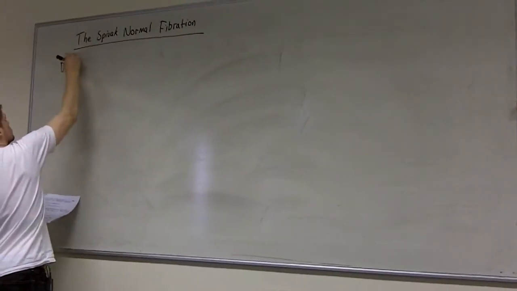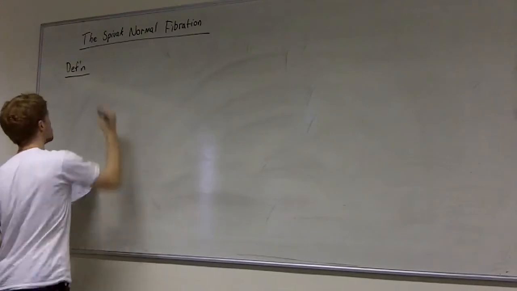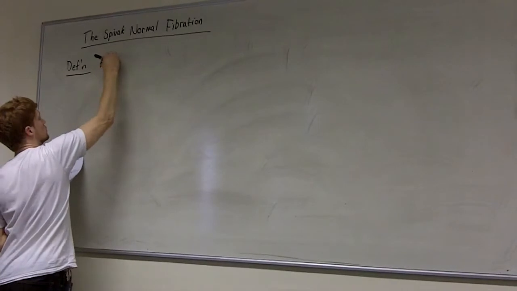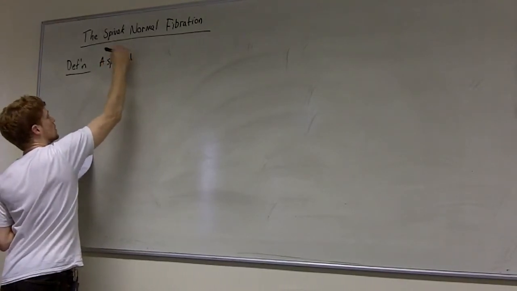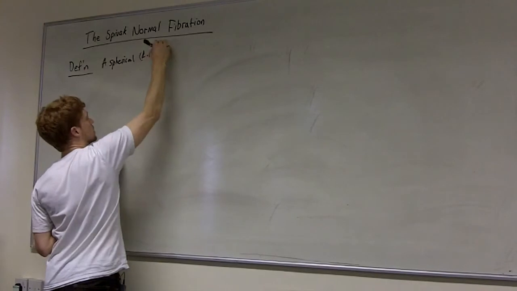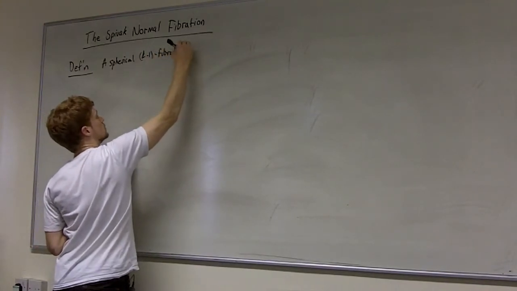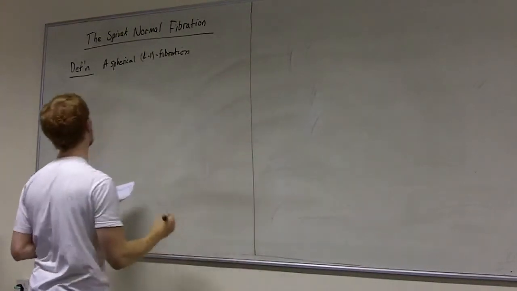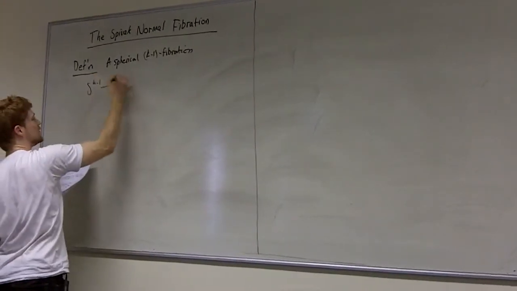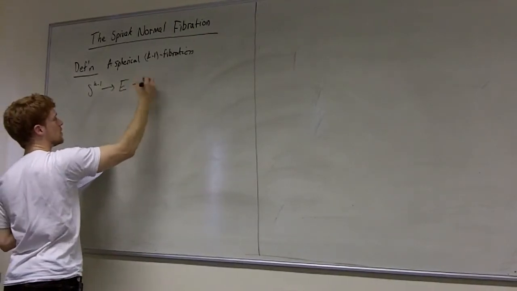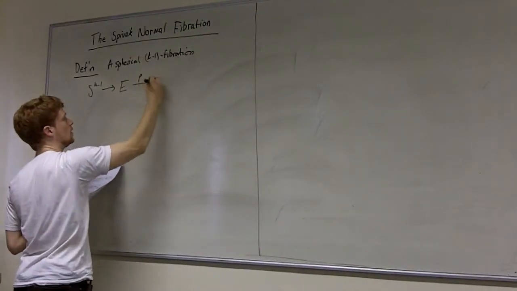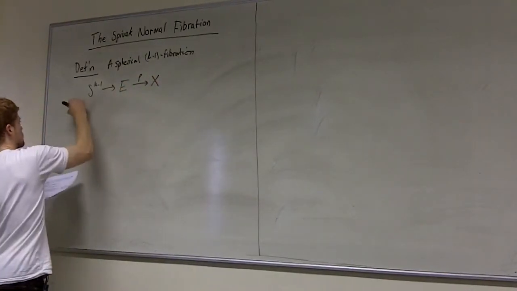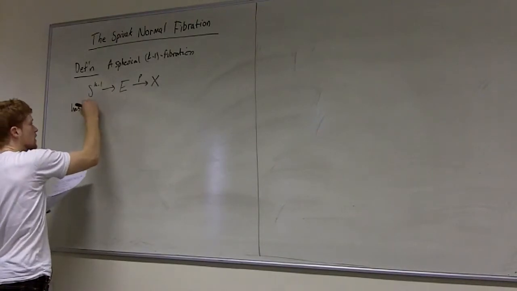So definition. So let's say a spherical (k-1)-fibration. So this is going to be, start dividing the board. So S^(k-1) to, so this is the total space of the fibration, and I'm calling that P. So that's going to be some CW complex, which has what I'm going to define to be the disk bundle.